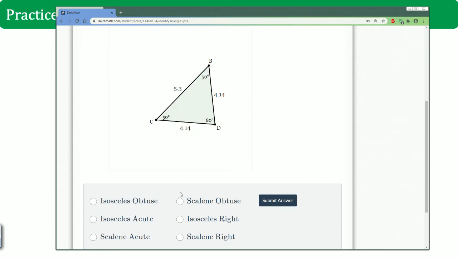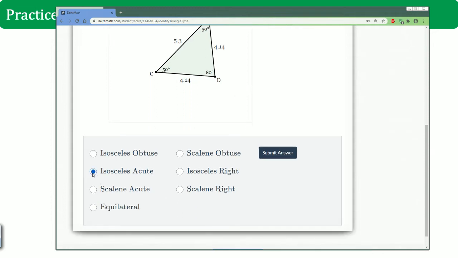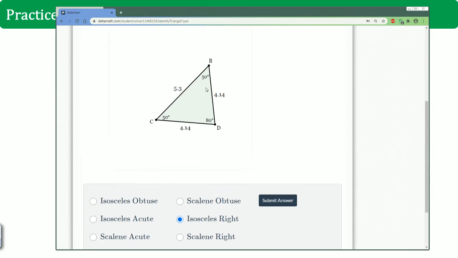So it's an isosceles. It's either isosceles acute, isosceles obtuse, or isosceles right. Do you see a 90 degrees? No, I don't see a 90 degrees, so it cannot be isosceles right. We can see if it's isosceles acute or isosceles obtuse. Looking at the angles, they're all less than 90. So we go isosceles acute.